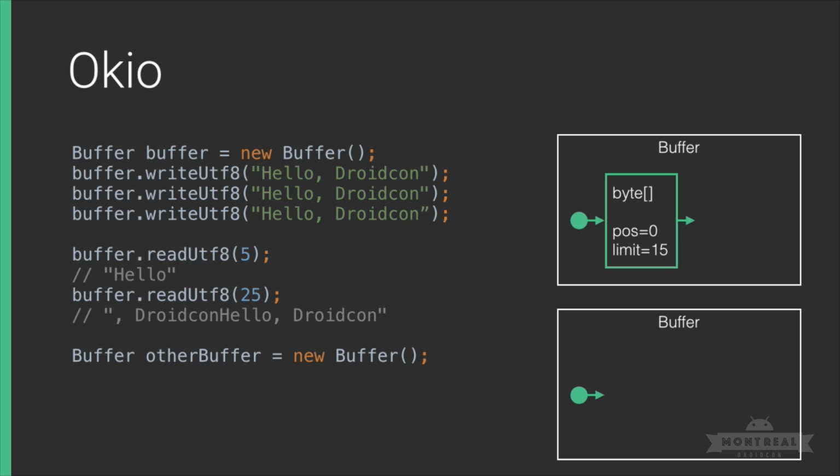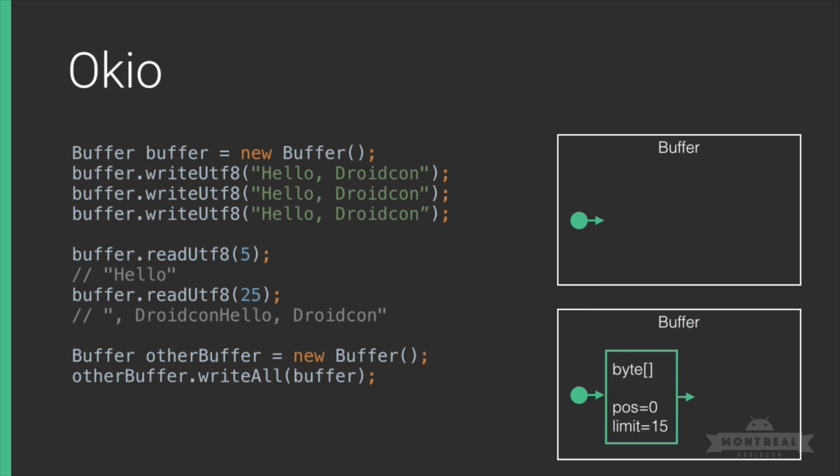OkIO makes this operation extremely cheap, because when I have this other buffer, and I say, take everything from my initial buffer and write it into this new buffer, all we have to do is basically change 2 pointers. We null out the pointer in the first buffer, and we set the pointer in the second buffer to that segment. So we've just transferred the segment. No data copying has occurred of the byte arrays, and there's no additional storage needed.